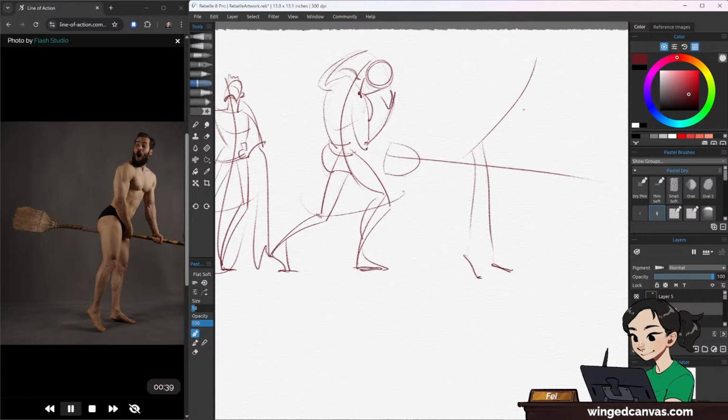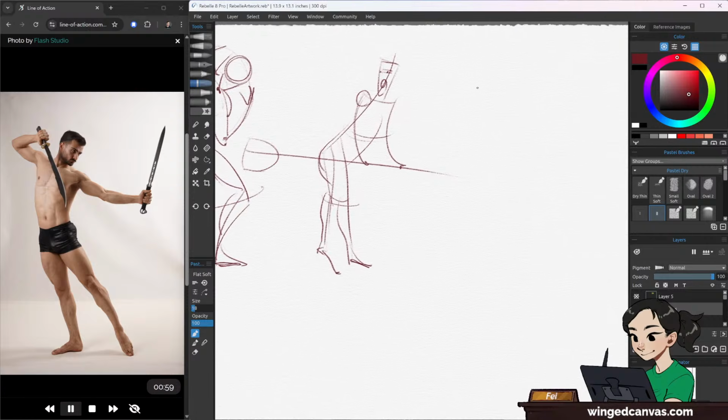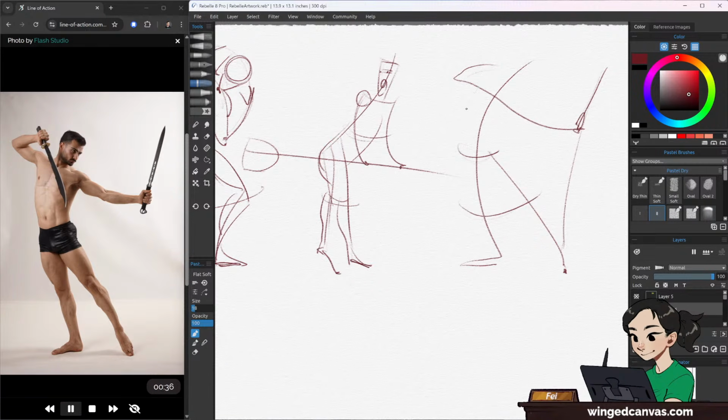That broomstick is part of the overall gesture and part of the support. So far, all of these are linear gestures.